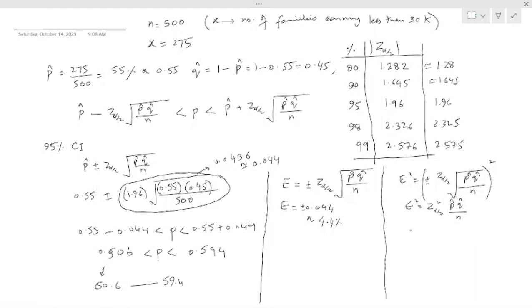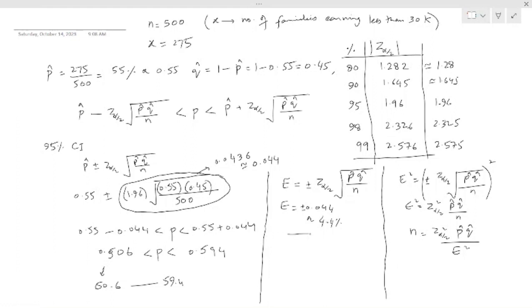Then finally we can rewrite it as n equals, because this can be moved over there and this should be moved to the right hand side.